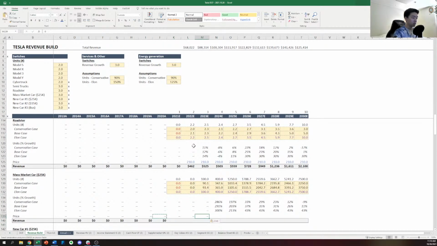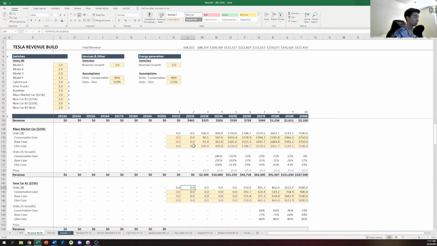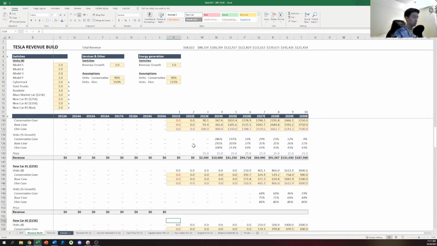Mass market car, 25,000. Huh? New car, which is different than the mass market car, just different design, but same price.